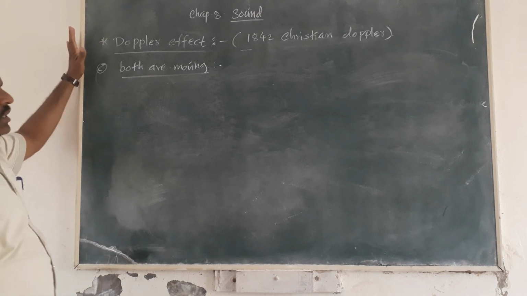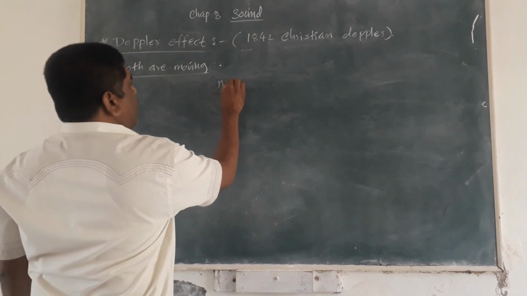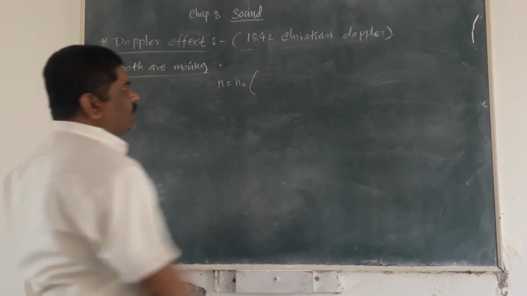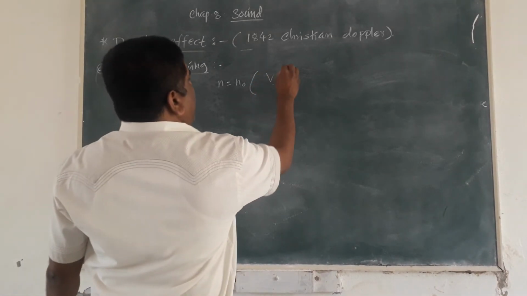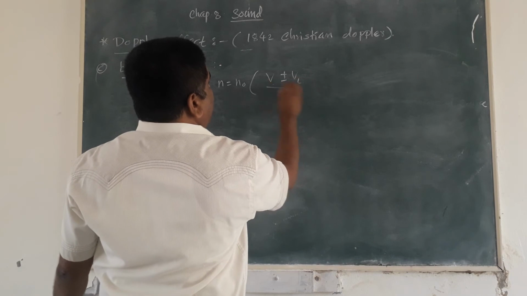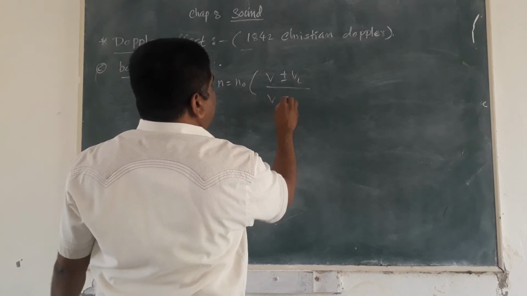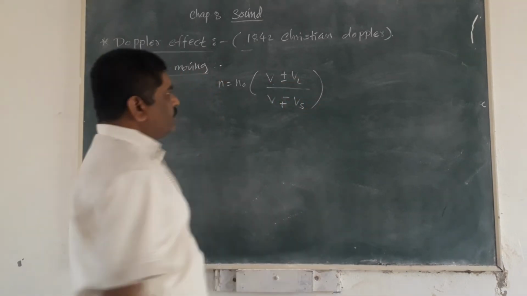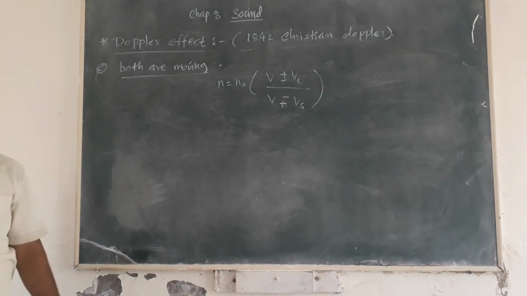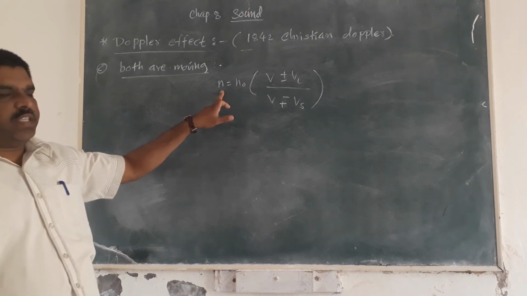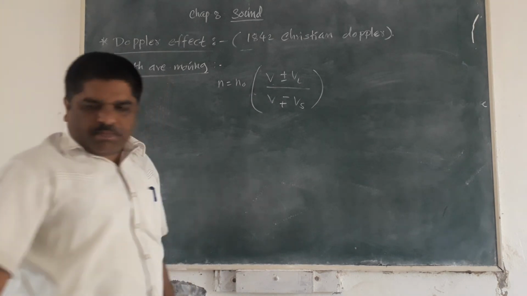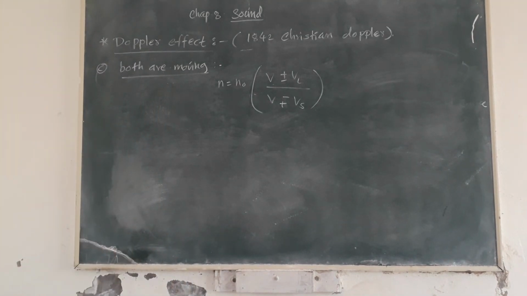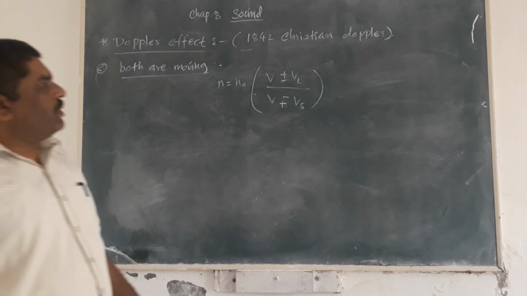Then we get the apparent frequency n is equal to n0 into bracket V plus minus VL divided by V minus plus VS. If both are moving, then we get the apparent frequency is equal to real frequency into bracket V plus minus VL divided by V minus plus VS.